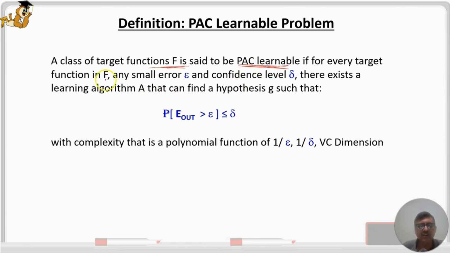If for every target function in f, so no matter what target function you choose in that class of target functions, if you are given a small epsilon and small delta, there is a learning algorithm A which can identify a hypothesis g out of your hypothesis set such that the probability of Eout being higher than epsilon is less than delta.